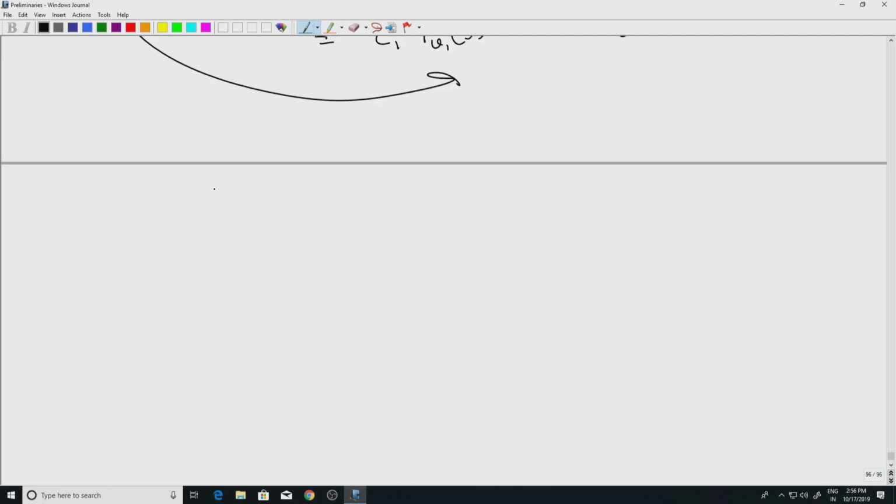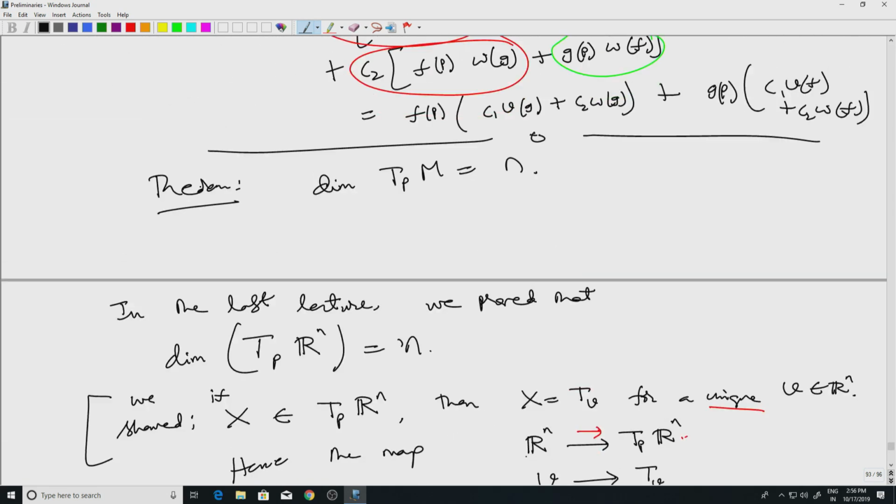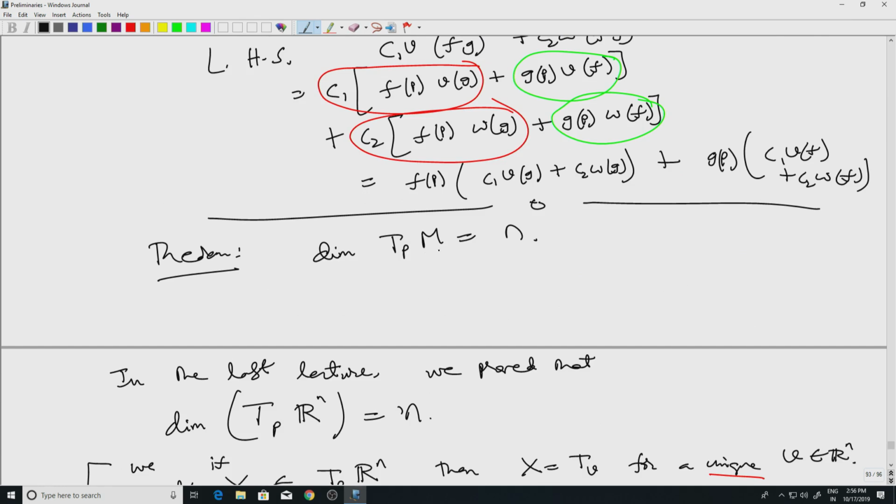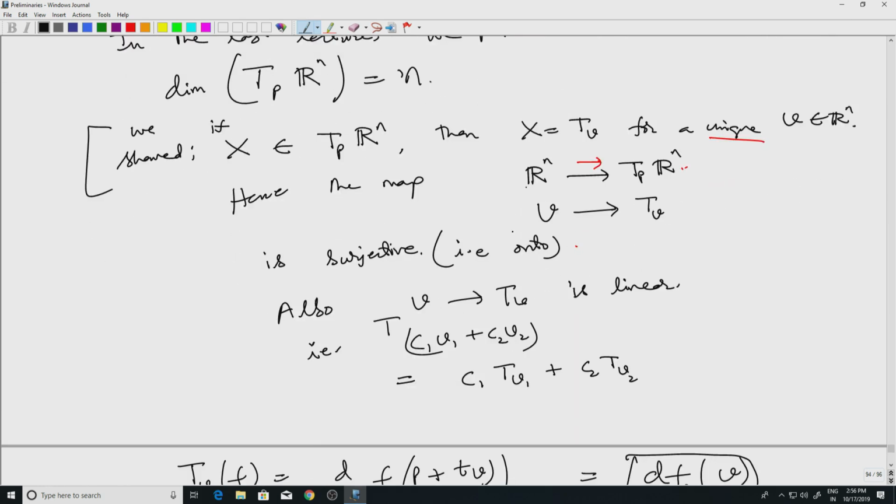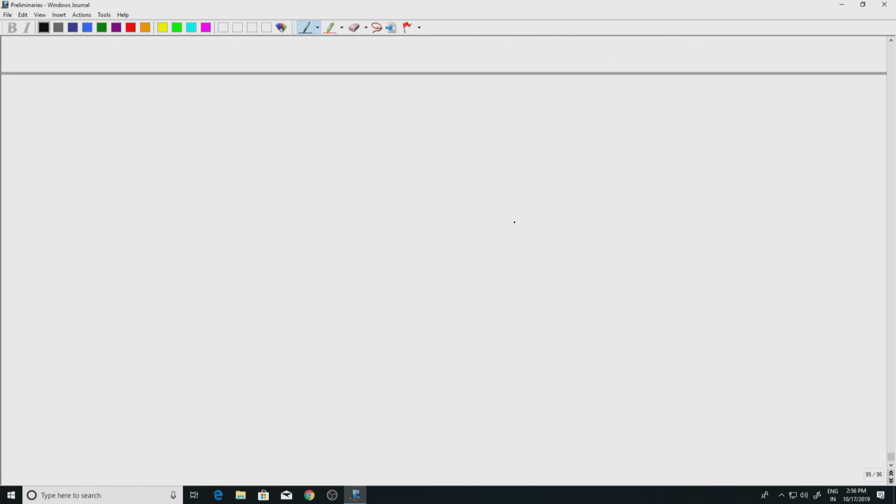even without knowing that the dimension of TpM is n, or even finite dimensional, I can still bring in the notion of a derivative of a smooth map.